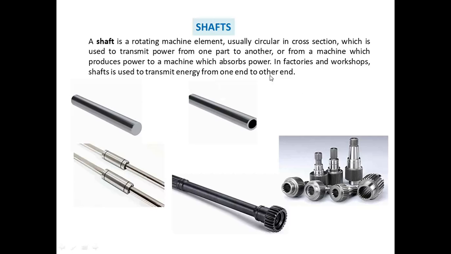Here some of the diagrams and figures show the shafts used in the mechanical engineering field. The shaft is used to transmit power from one part to another, or from a machine which produces power to a machine which absorbs power.